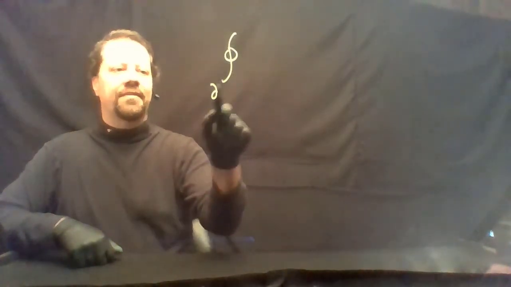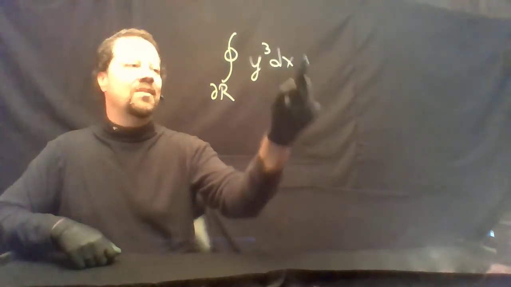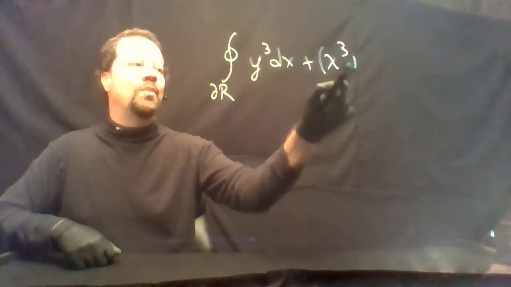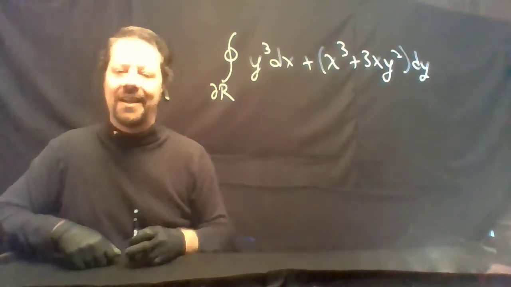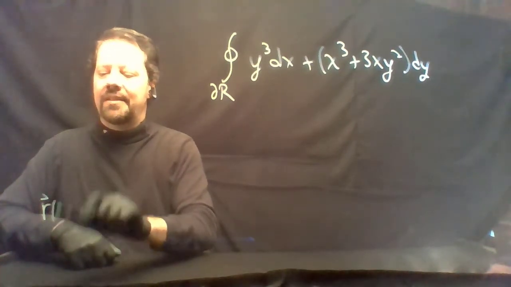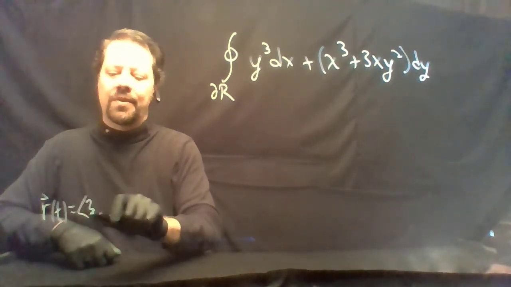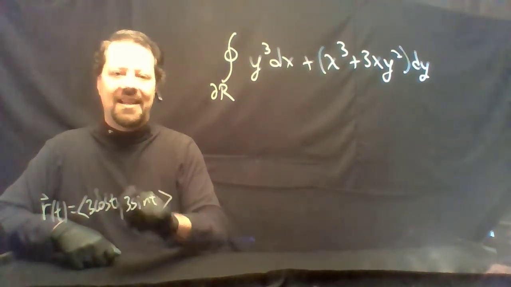We started off with y cubed dx plus the quantity x cubed plus 3xy squared times dy integrated around a circle of radius 3. Our parameterization is, of course, 3 cosine t, 3 sine t.